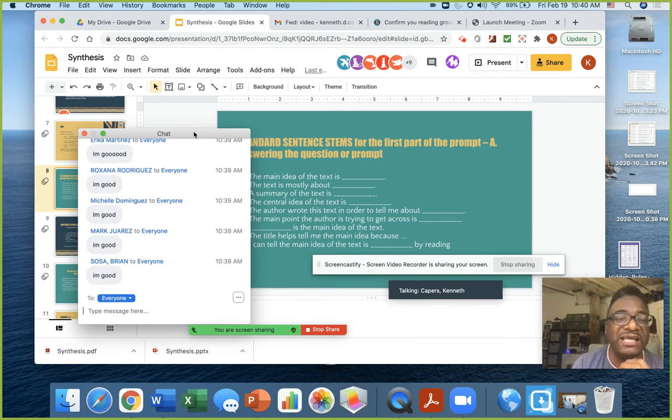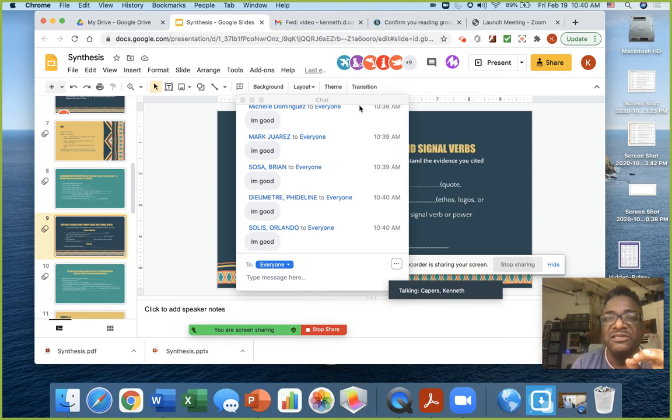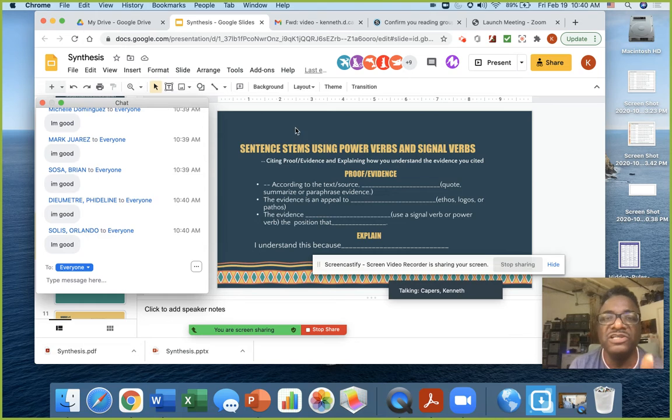I'm looking at the chat, but I'm also going to go to the other sentence stems. Look at these right here. Using power verbs and signal verbs. This is when you use them, not to identify the main idea, but when you're trying to say what you think the evidence is and how it's being used.